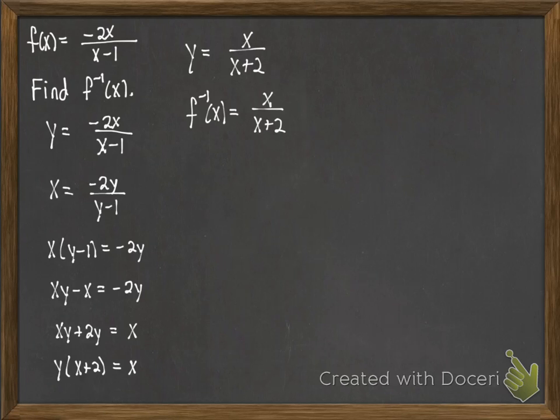Now, part of the directions for some of the problems you did ask you to verify that that is in fact the inverse. Again, to verify that things are inverses, we have to now go back and compute f of f inverse and see if that becomes x, and then also f inverse of f and see if that's x. And that's what we're going to do here in just a second.